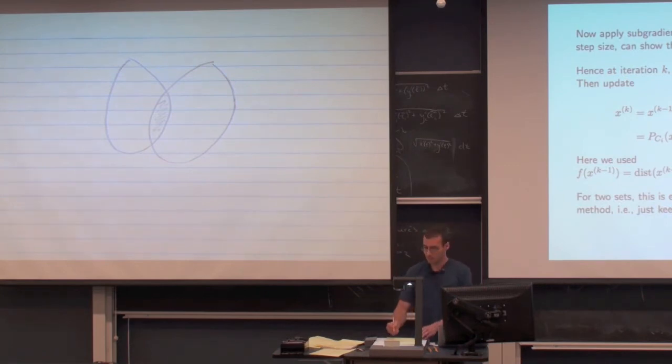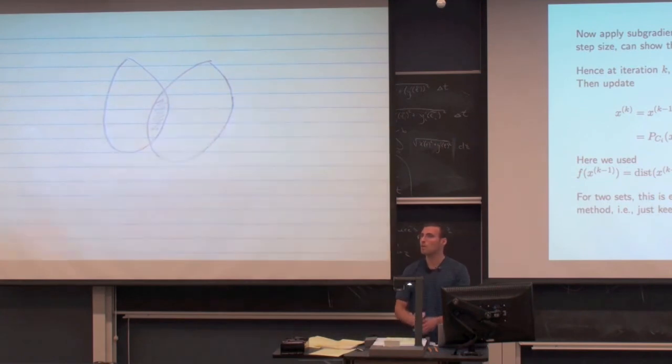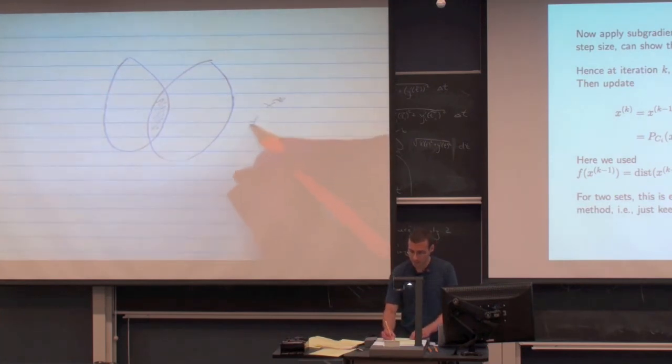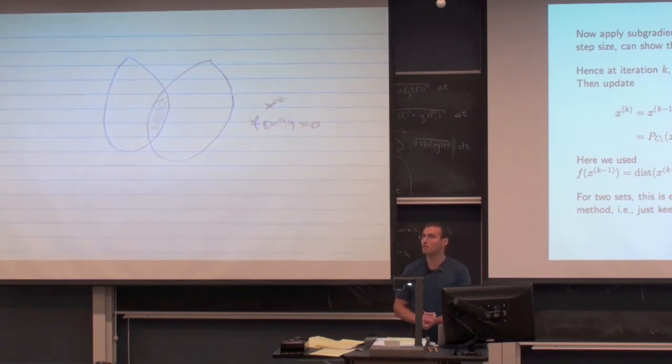In the limit we're going to get a feasible point, but if we stop the algorithm at any particular iteration, we're not going to have a feasible point x star. Because we're not going to have f of xk necessarily equal to 0 for some k. We're guaranteed that in the limit it'll be 0, but not for any particular iteration.